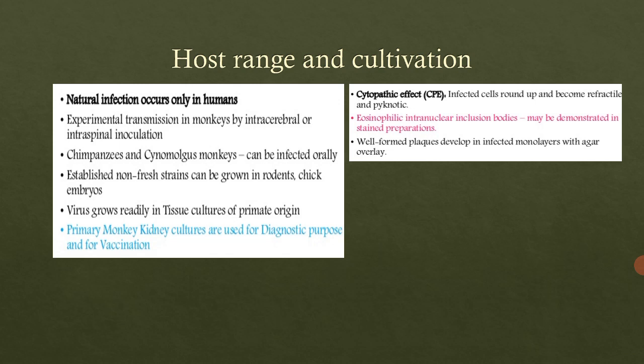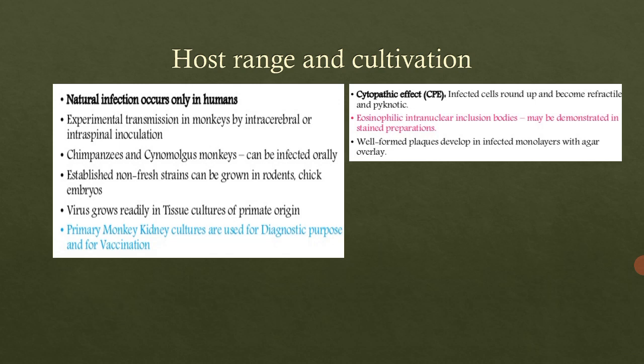The virus will produce plaques, the transparent zones. We do this method with the help of an agar overlay, right? In this virus also, well-formed plaques can be developed in the infected monolayers with the agar overlay. This is the host range and the cultivation of the polio virus.